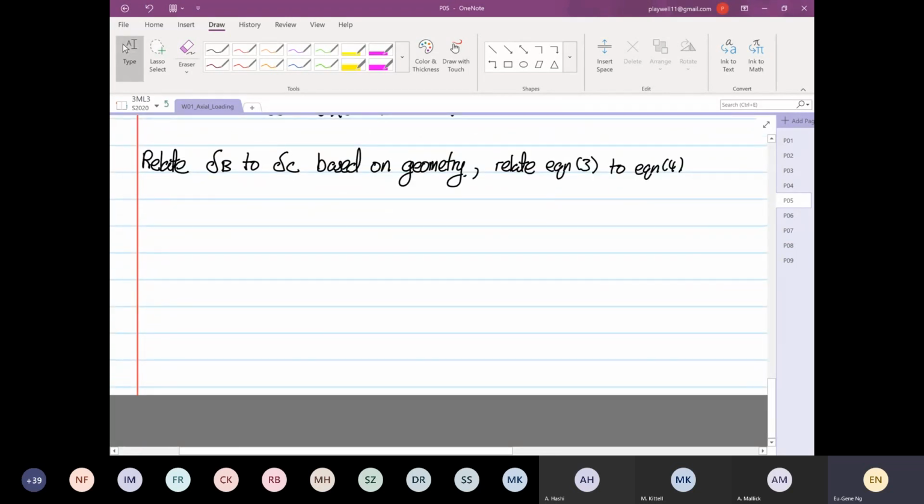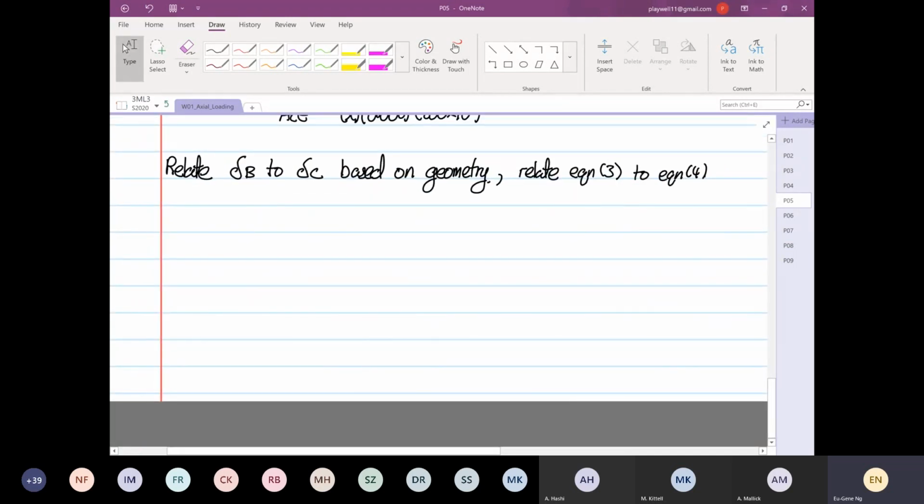The assumption we made earlier is that we assume member ABC to be a rigid body. So this is what we assume.